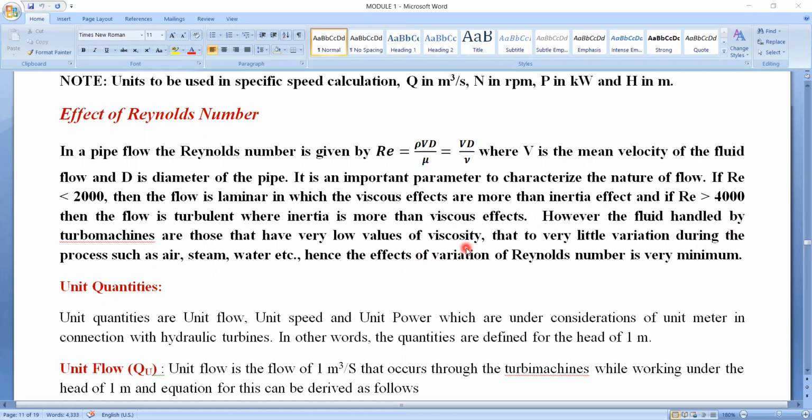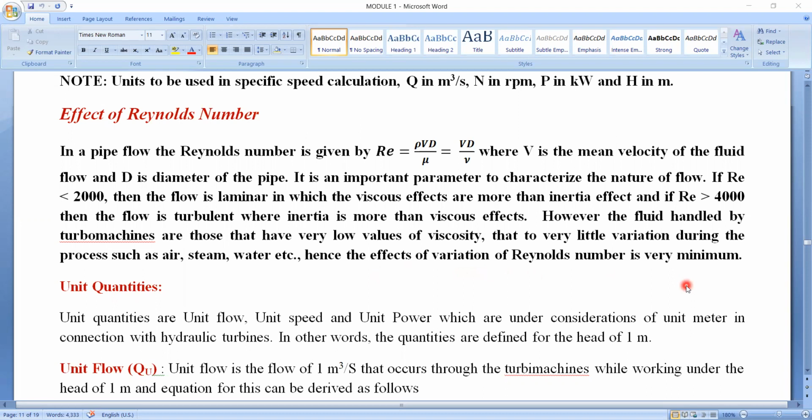They are less viscous in nature. That's why Reynolds number does not have any prominent or considerable effect on the performance of turbo machines, and hence any variation in Reynolds number will not cause much effect on the performance.